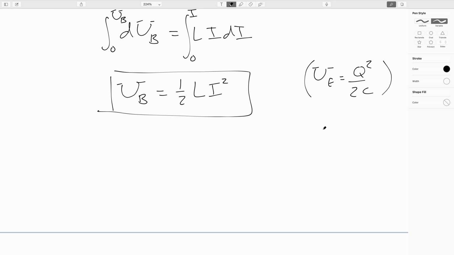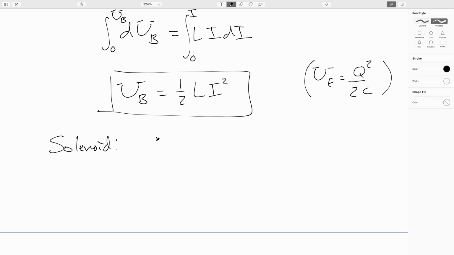Remember, we found the electric potential energy density stored in a capacitor by taking a parallel plate capacitor and dividing by the volume between the plates. We're going to do the same thing here except for a solenoid. So we'll imagine figuring this out for the case of our inductor being a solenoid.